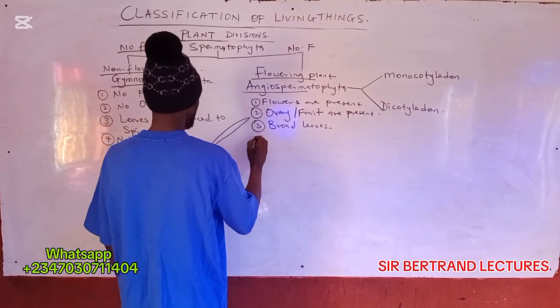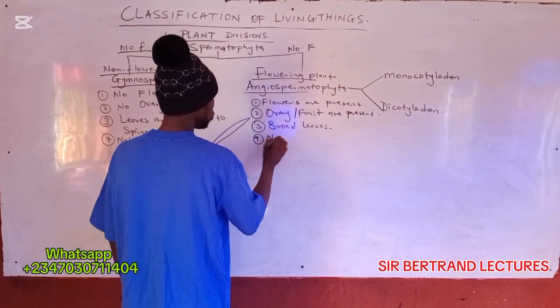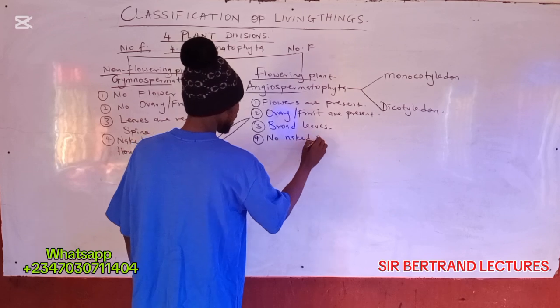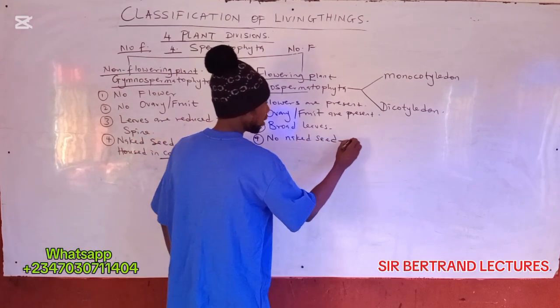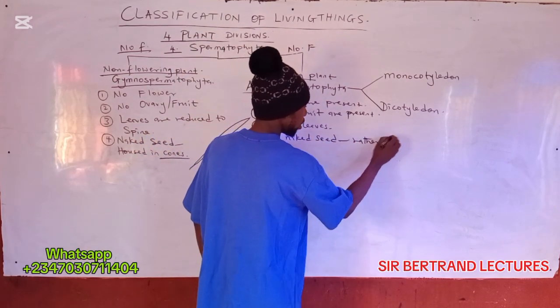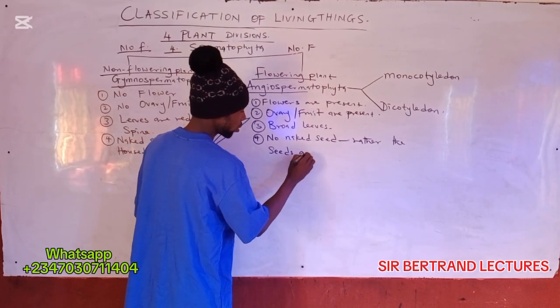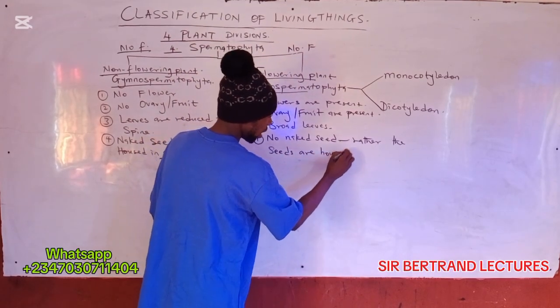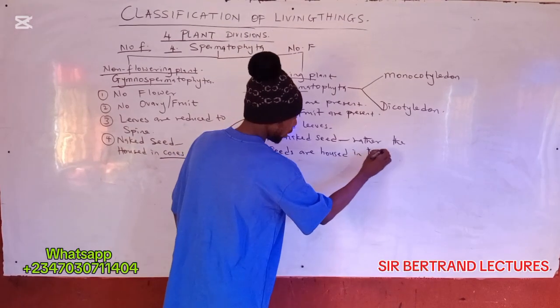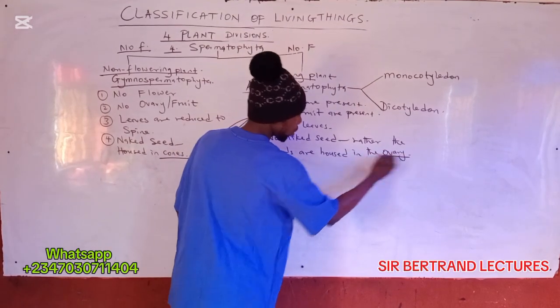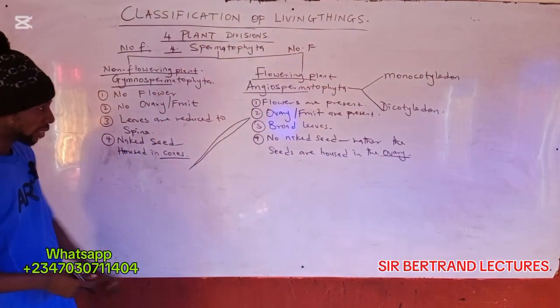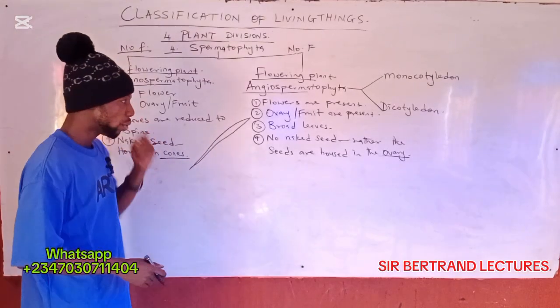Number four, there is no naked seed. Rather, the seeds are housed in the ovary. The seed here are housed in the ovary.